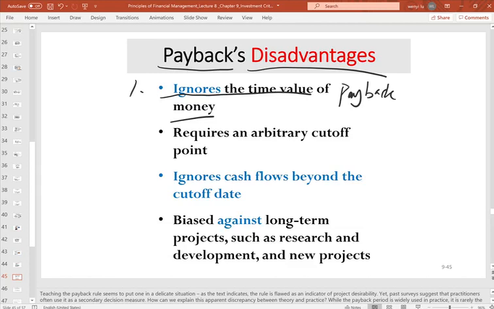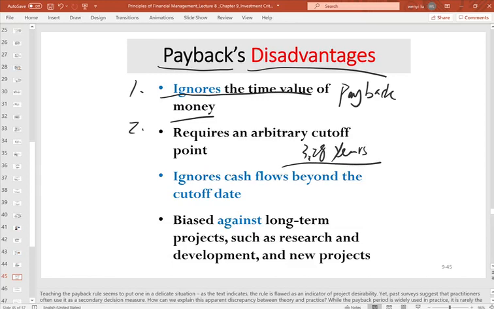Even though future money is different from present value, you add this money directly up. So it ignores the time value of money. Second, when you solve this, for example 2.28 years in our example, you got this one as your recovered years.